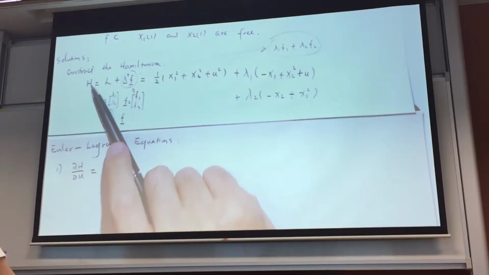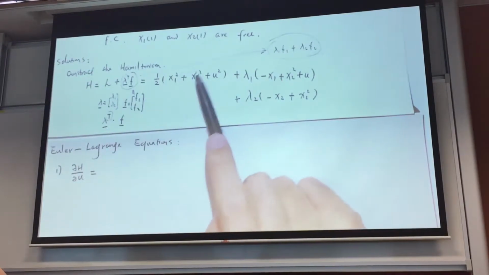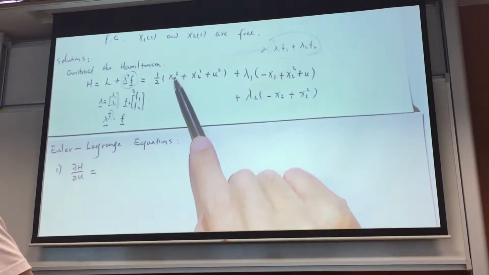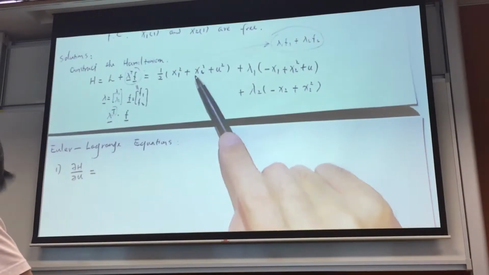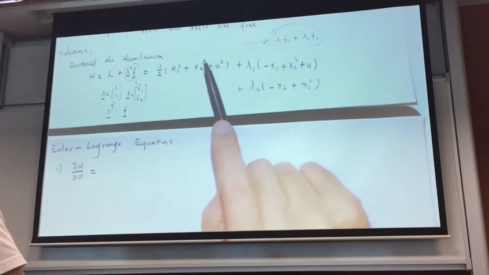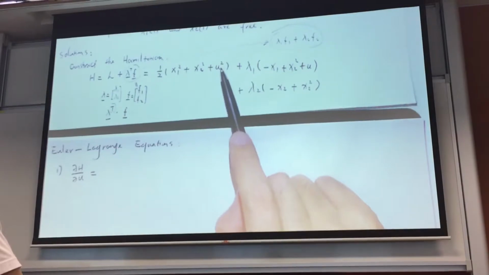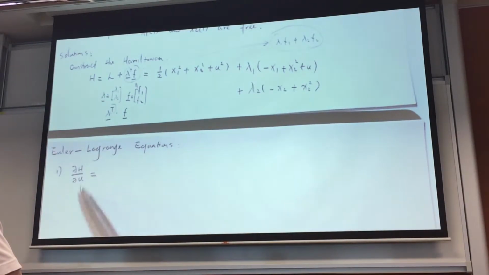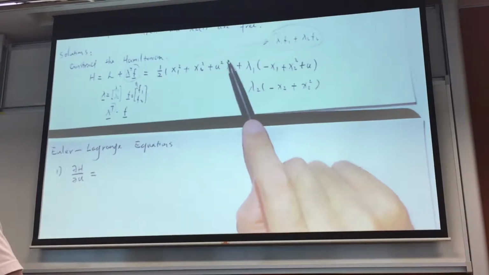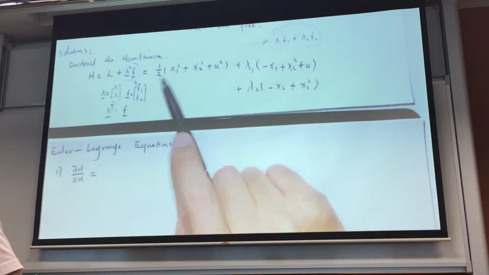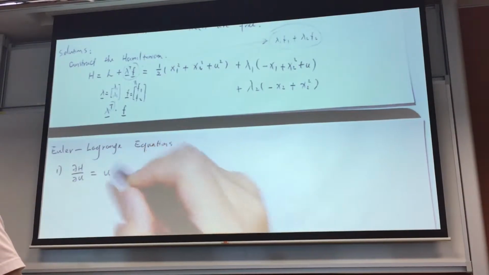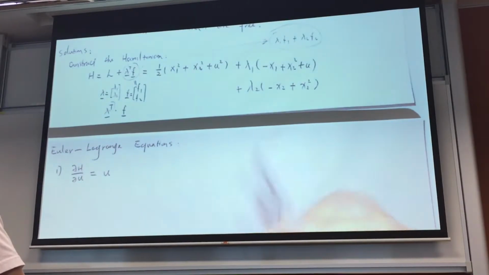So let's check the equation for H. The first term is just x1 squared plus x2 squared, so the derivative is 0. For this u squared, the derivative gives us 2u, and 2u multiplied by a half gives us u for this part.